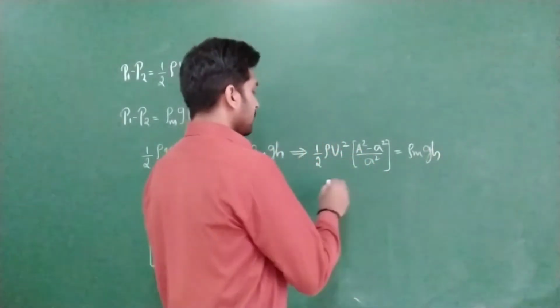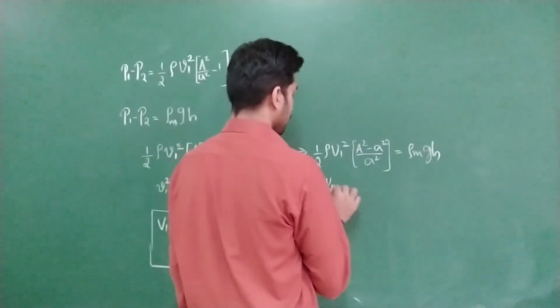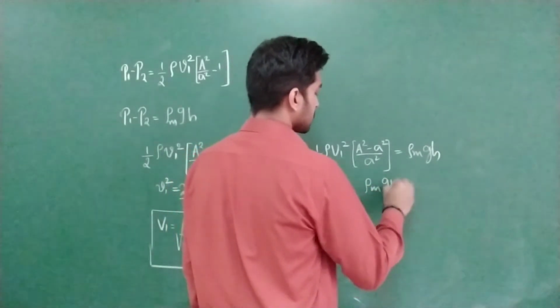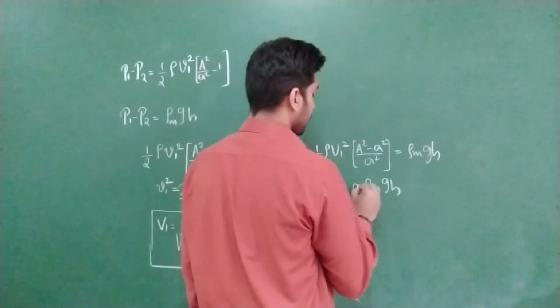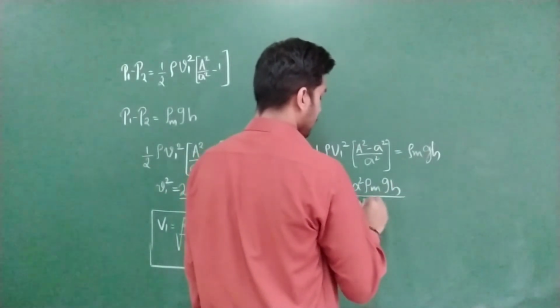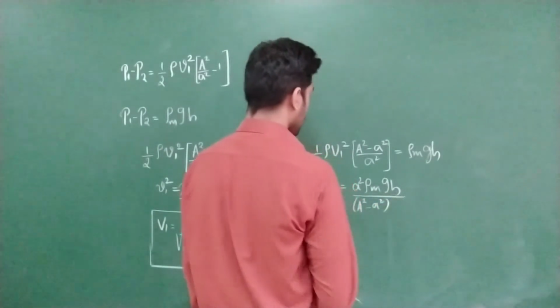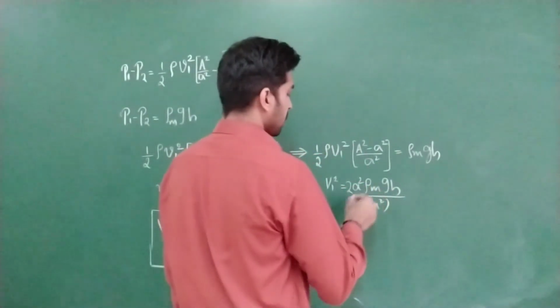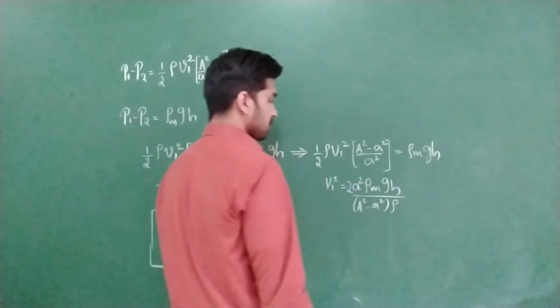Okay, V1 square we want. So V1 square is equal to rho m GH as it is. So A square will be multiplied here, it will become A square whole divided by this A square minus a square. Okay, and 2 will be divided to numerator, and in denominator we will be having one more rho.